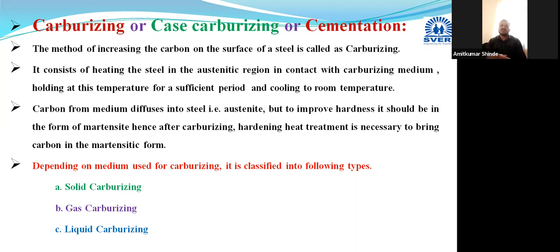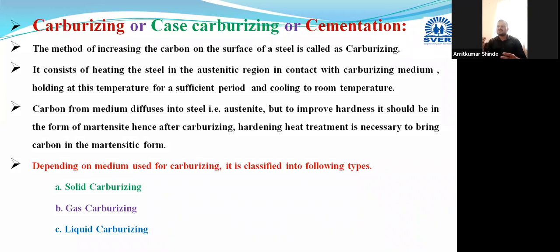Initially we will heat the component in the austenitic region, in contact with the carburizing medium, and hold that component with the carburizing medium at this temperature for a sufficient period of time. A longer period of time is provided, and this time will be decided depending on the medium used. Why is this time provided?